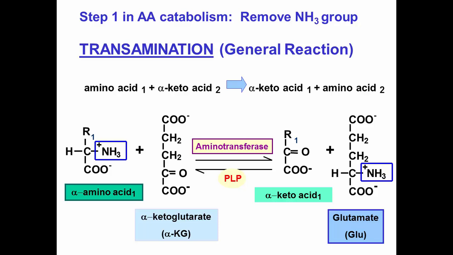And then we make glutamate in this case. So this is a very common scenario, that alpha-ketoglutarate accepts an amino group from some amino acid. It's why we called glutamate the intracellular hub of amino acid metabolism last time. Remember that? Glutamate, intracellular hub, because it's involved with a lot of transamination reactions.